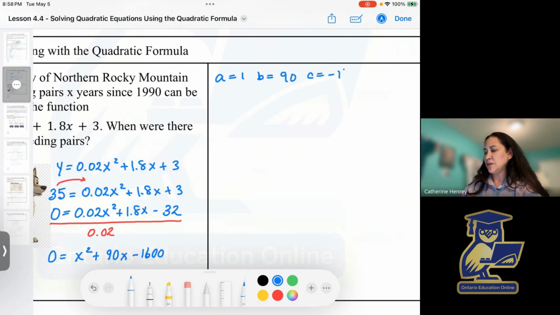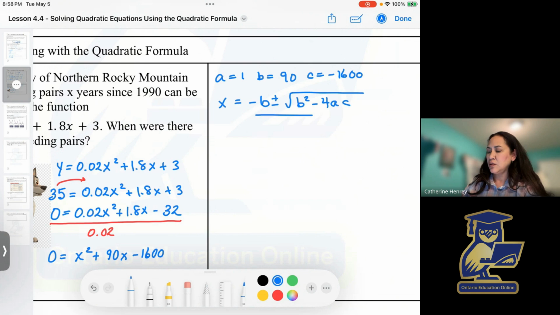We use our quadratic formula, which is x is equal to negative b plus or minus the square root of b squared minus 4ac all over 2a. And we substitute our values for a, b, and c.